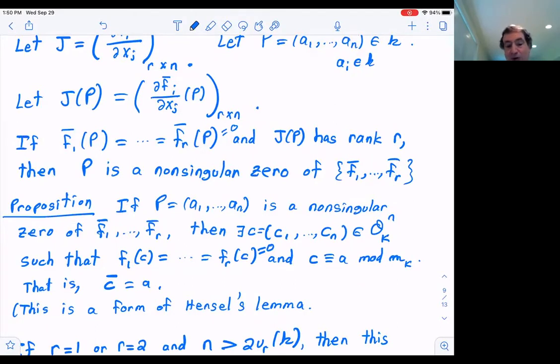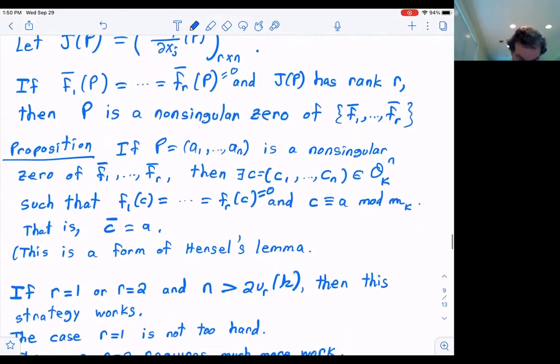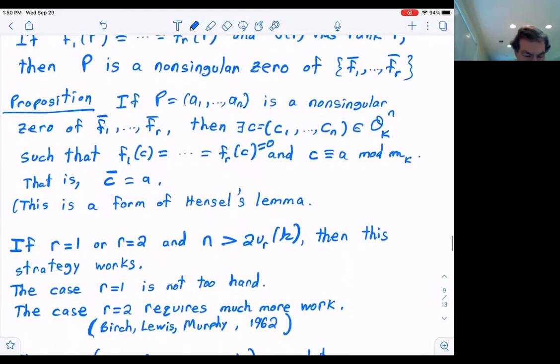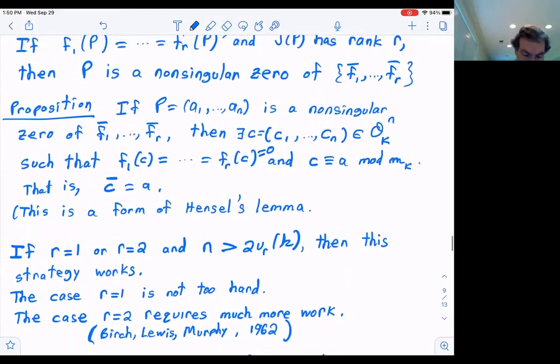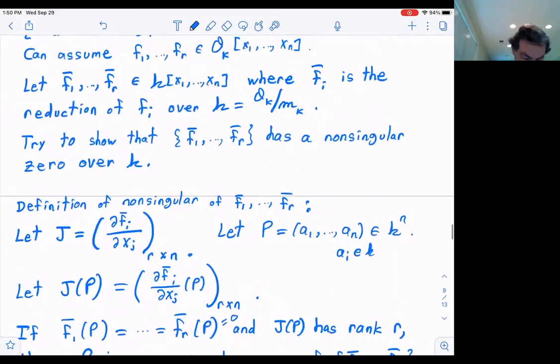This is also known, especially in the case of one form, by the name of Newton's lemma or Newton approximation, stuff like that. Well, back to the original problem about a system of quadratic forms over a complete discretely valued field.